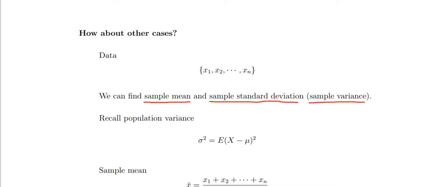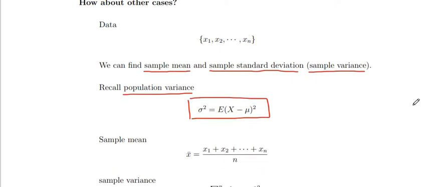So how can we define the population variance or population standard deviation, sigma square or sigma? We say sigma square is defined as the average, or expectation, of x minus mu squared. And what is mu? Mu equals the expectation or average of x, right?